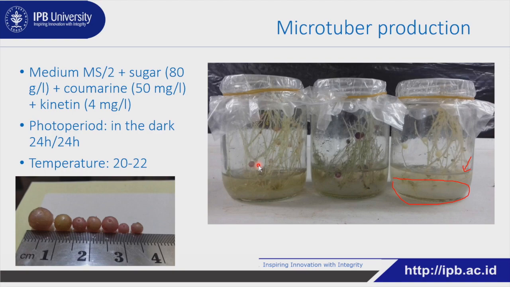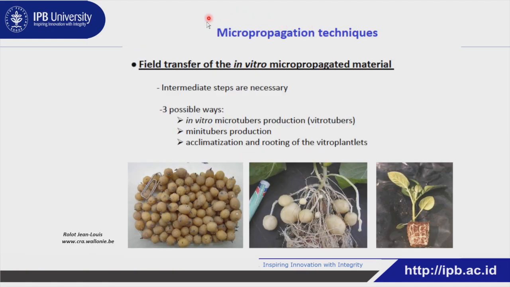And using micropropagation technique, in the end, we can transfer the propagule to the field in three possible ways. So using in vitro microtuber production, and then mini tuber production, it means that the plantlets should be acclimated, and then we plant them in the media, and the plantlet will produce a small tuber called a mini tuber, like this.